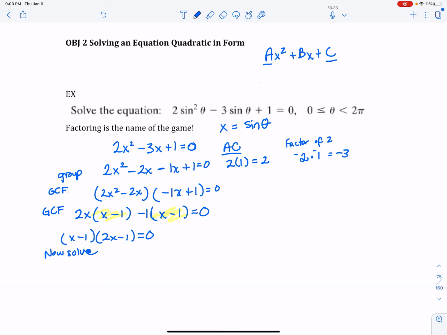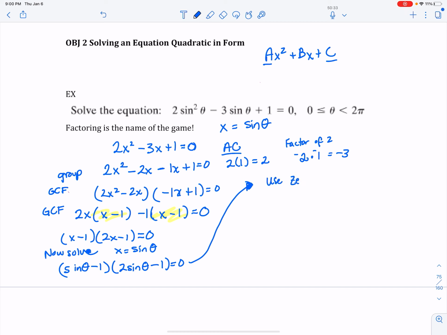So I'm going to resubstitute in x equals sine theta. So I have sine theta minus 1, and I have 2 times sine theta minus 1 equals 0. And now I have to solve this. So you're going to use the 0 property.